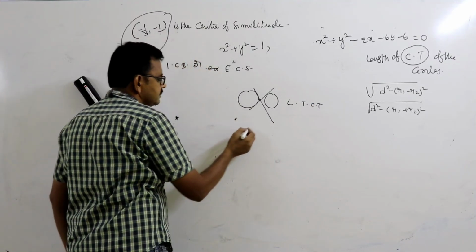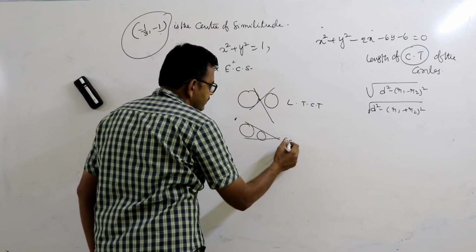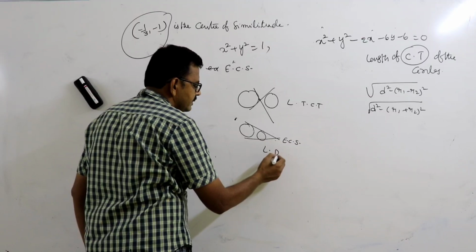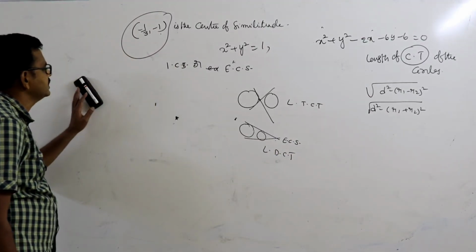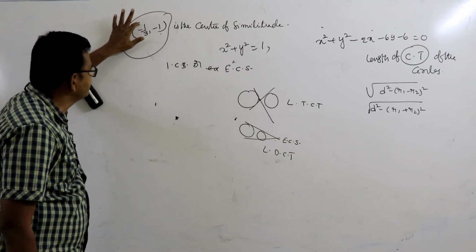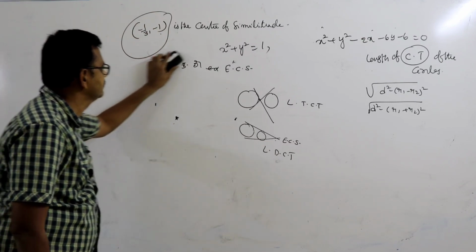If the point is the external center of similitude, in this case you have to find the length of the direct common tangent.